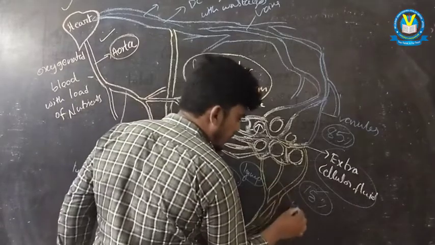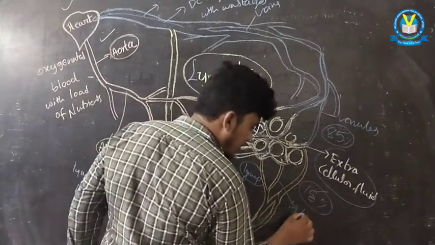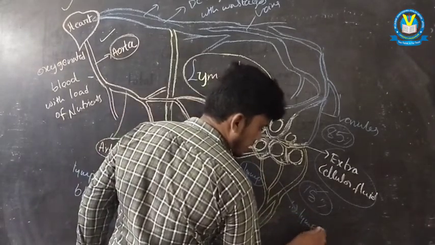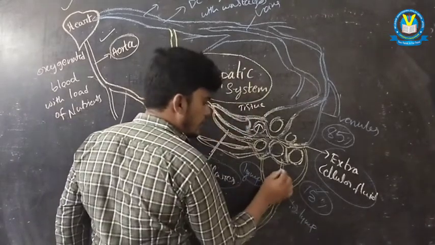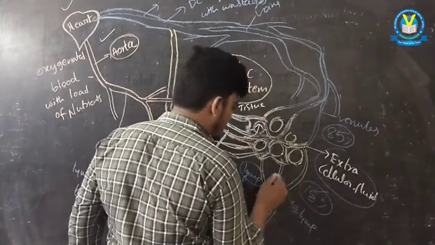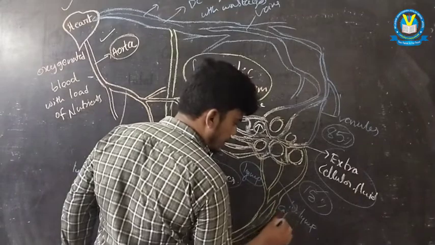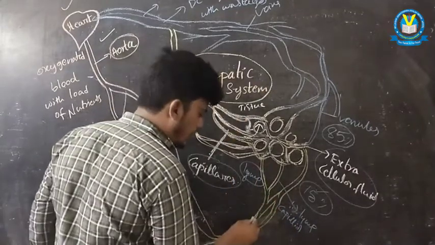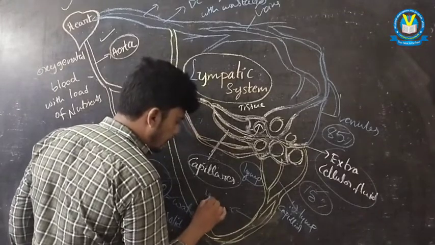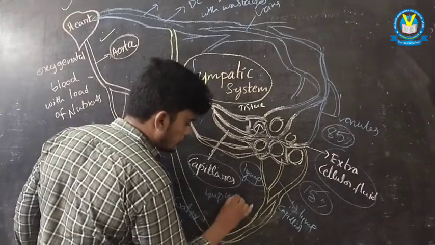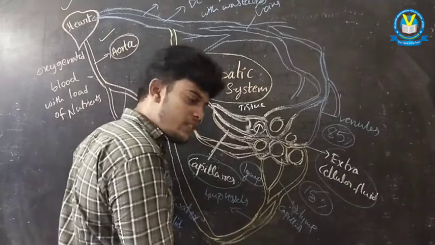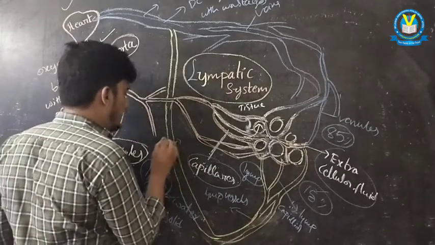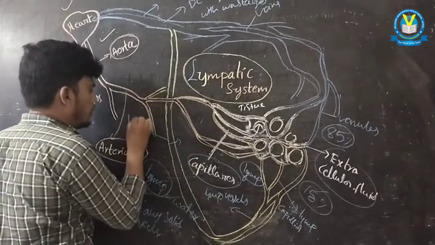This lymphatic system consists of small lymph capillaries. These small vessels are called lymph capillaries. Then these lymph capillaries open into the lymph vessels. Then these lymph vessels open into the lymph duct. What is that?